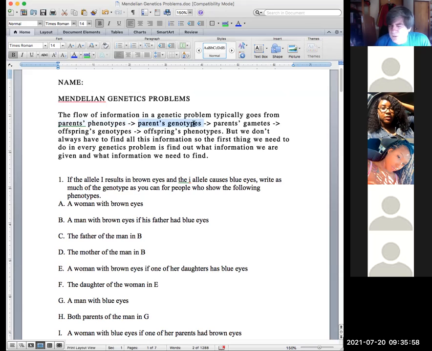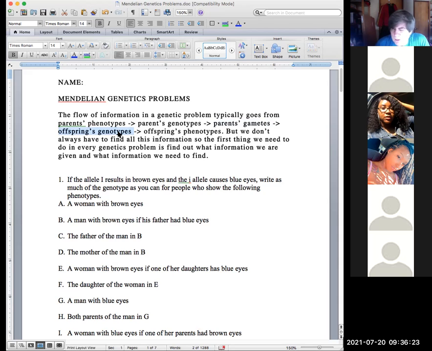From the phenotypes, we can figure out their genotypes. Sometimes we can't figure out the genotypes completely. We saw some examples of that. From the genotypes, we can figure out the gametes you can make. With the gametes, we can figure out the offspring's genotypes.